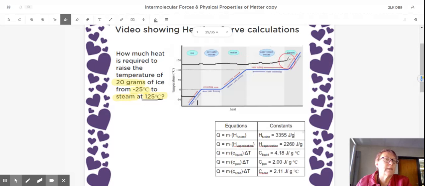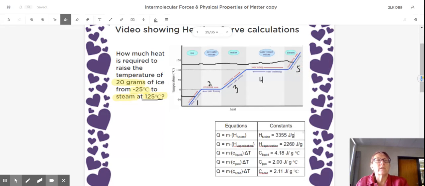If we draw this line over, we find that this leg here is our final leg. So we're going to have to do calculations for all 5 legs of this heating curve.